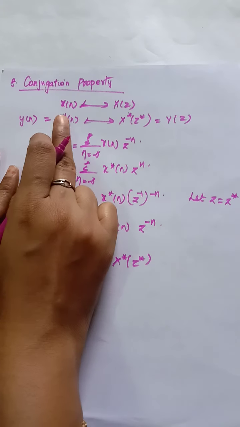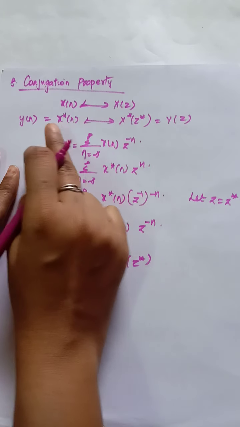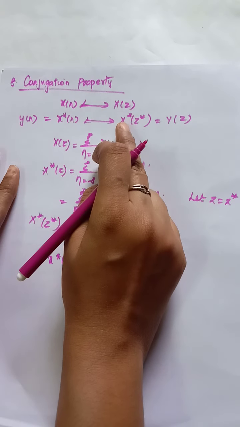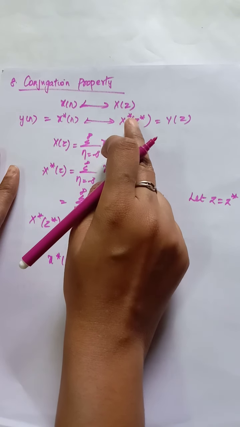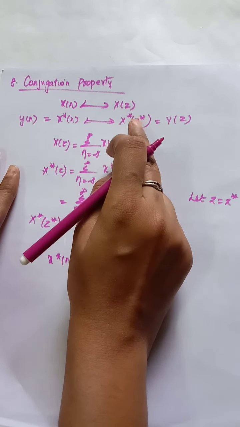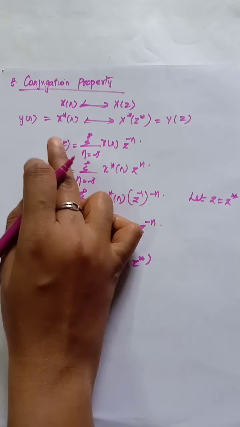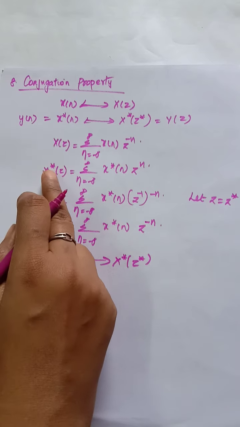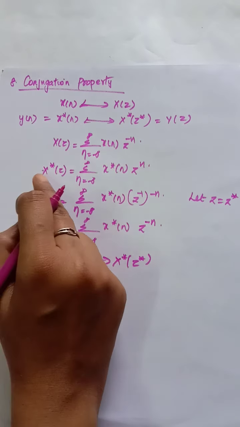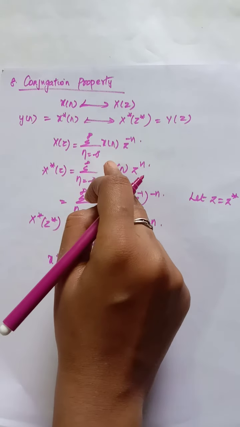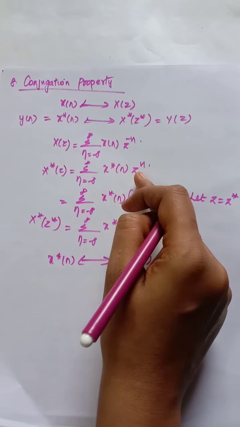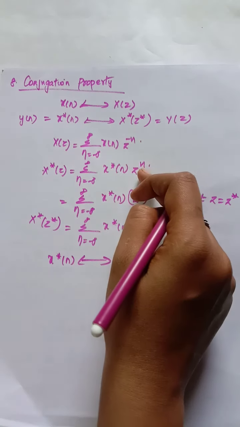Now see this: the z transform of x of n is x of z, and the z transform of x conjugate of n is x conjugate of z conjugate. So first I am going to prove this. Here, the usual formula, then applying conjugate. For the whole term, for x conjugate of n, the conjugate minus will become plus.